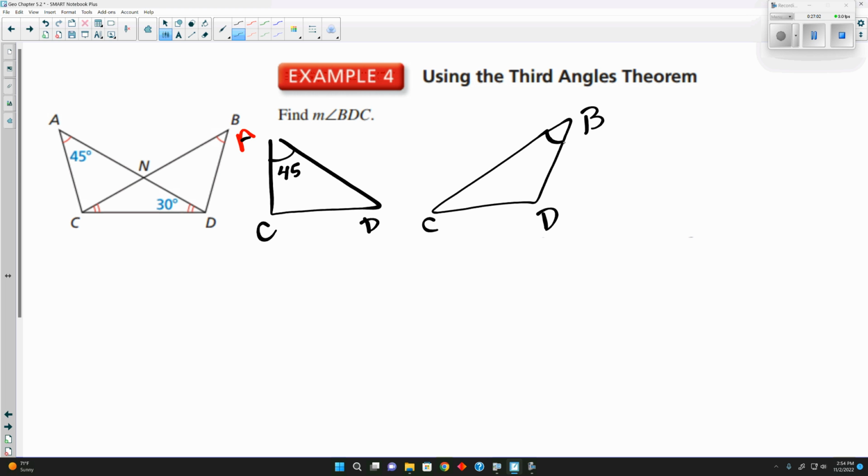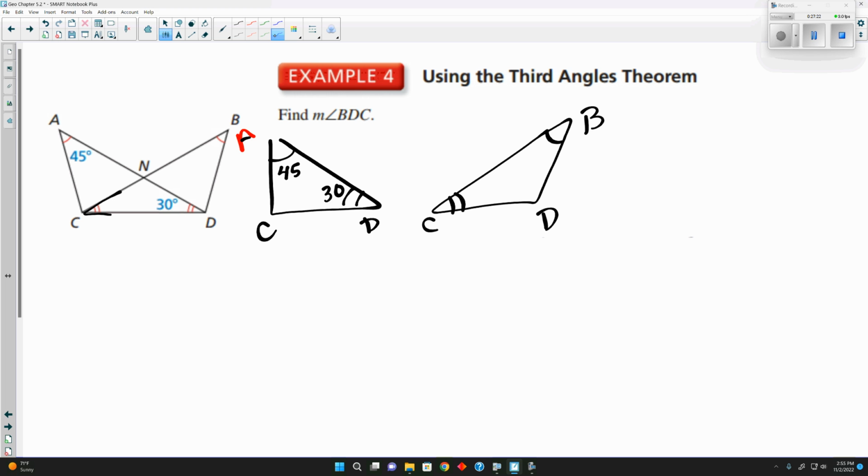They don't tell us what B is, but they put a single mark inside the angle. Looking at the bottom, this one has 2 marks, and this one has 2, and it is 30. Find the measure of angle BDC.